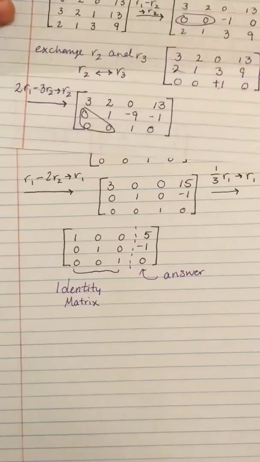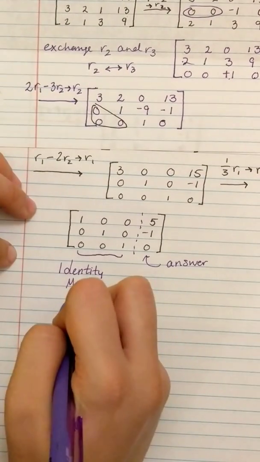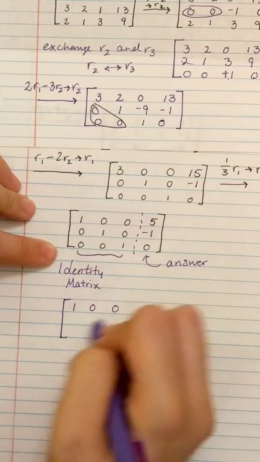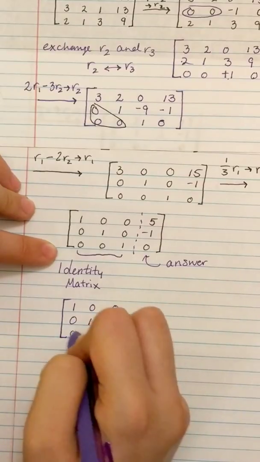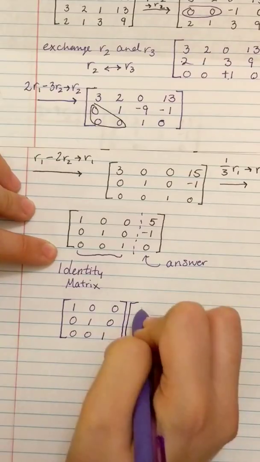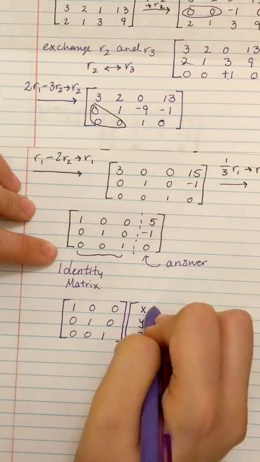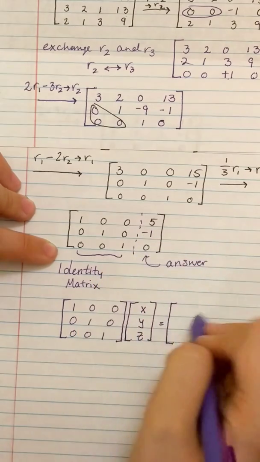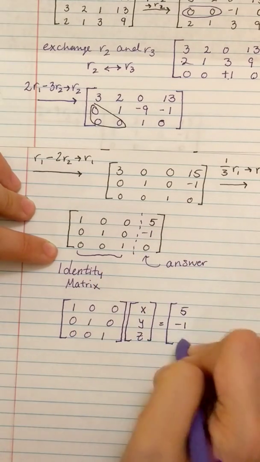So I can rewrite this as a matrix equation with my identity matrix being multiplied by my variables, and it's equal to my answer, 5, -1, 0.